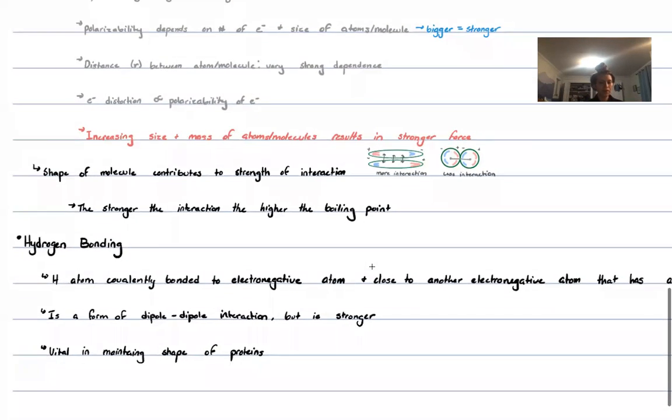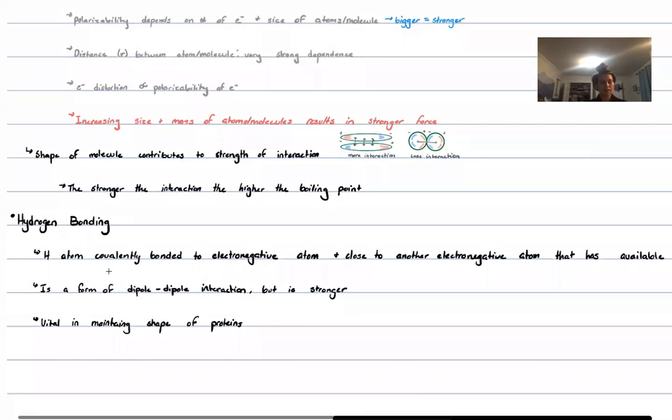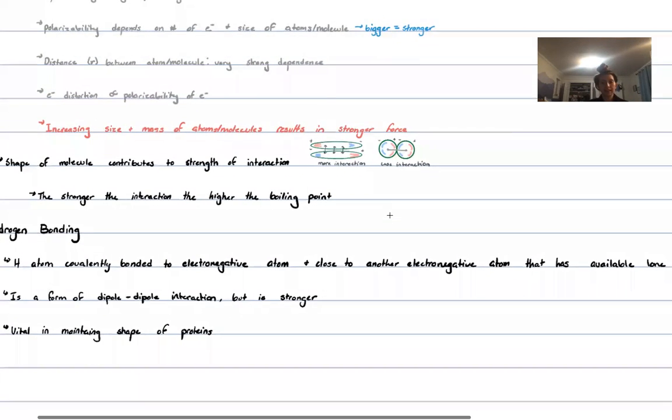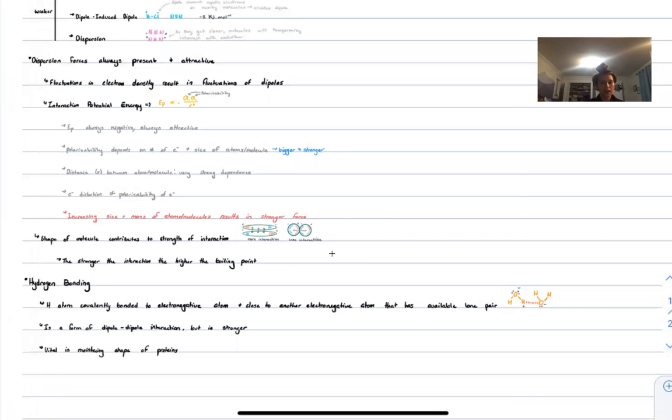And then we have a whole little special part based on hydrogen bonding, because hydrogen is covalently bonded to a very electronegative atom, and therefore it's going to get a very positive charge.